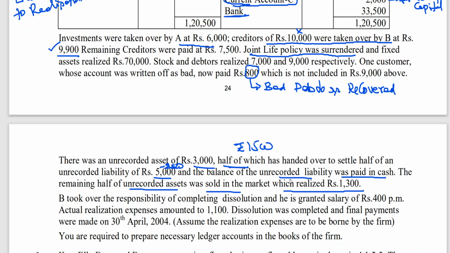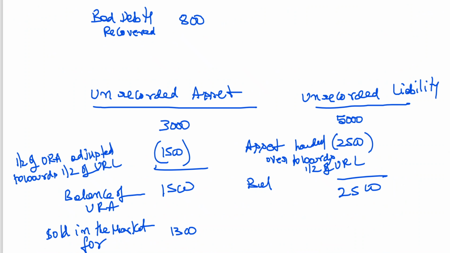And the balance of unrecorded liability was paid in cash. Now this is 2,500, the balance 2,500 paid in cash.